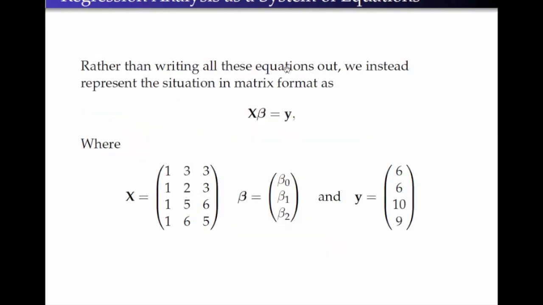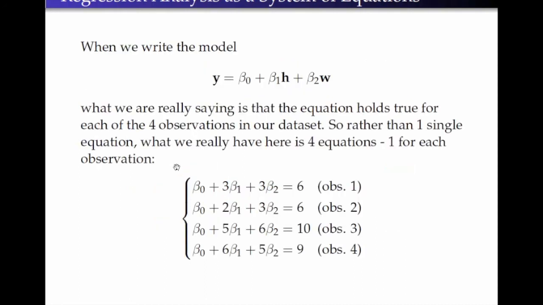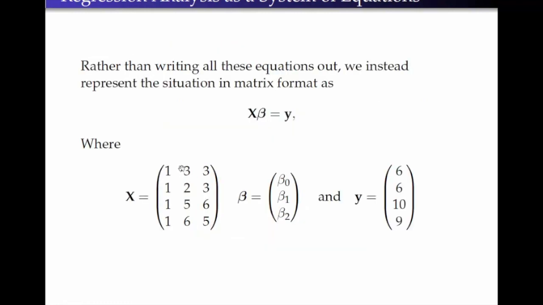So again, rather than writing out all these equations, we'll represent the situation in a matrix format. So here we have our matrix of coefficients. And you'll notice this comes from the previous slide, the previous system of equations, where the beta 0, the intercept, is in every equation, and its coefficient is always going to be 1. So our data matrix will always have an extra column of 1s to represent this intercept, and then we'll have the variables that we want to use in the regression.